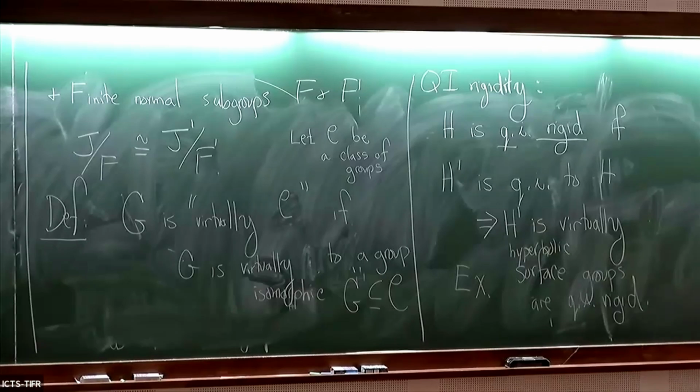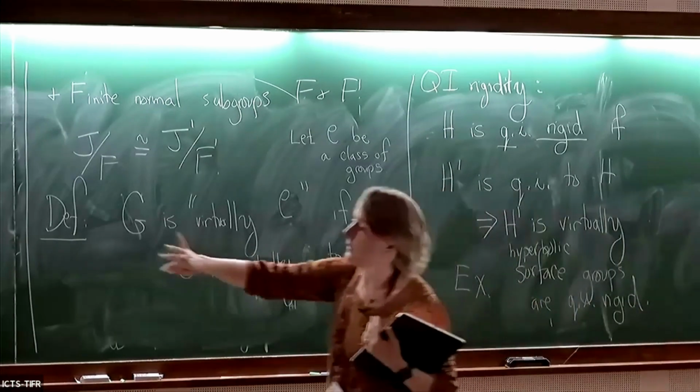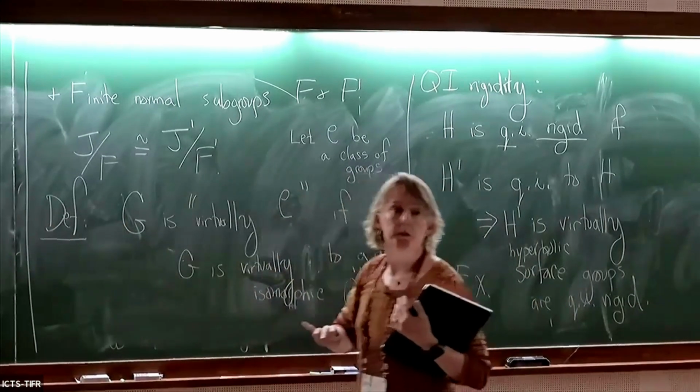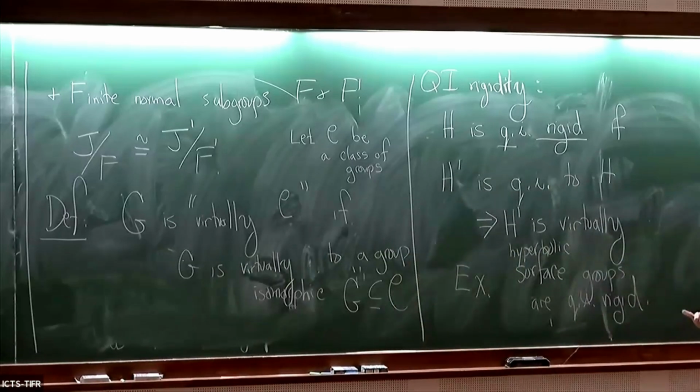Okay, so if I am quasi-isometric to a hyperbolic surface group, like a surface of genus 2, then I am virtually a surface group of genus 2. So maybe you take a subgroup, maybe I have some torsion. So for example, the right angle Coxeter group that was right there is virtually a surface group. Okay, so that's good. Okay, give me another example.